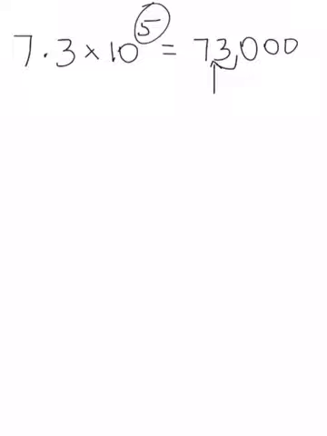So we go 1, 2, 3, 4, well, I need one more. So 7.3 times 10 to the power of 5 is 730,000.